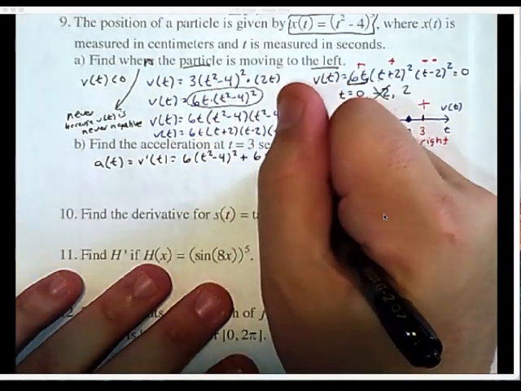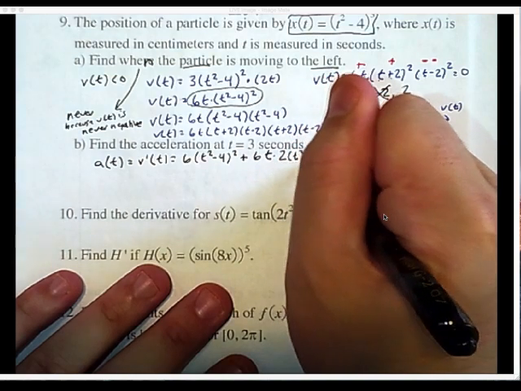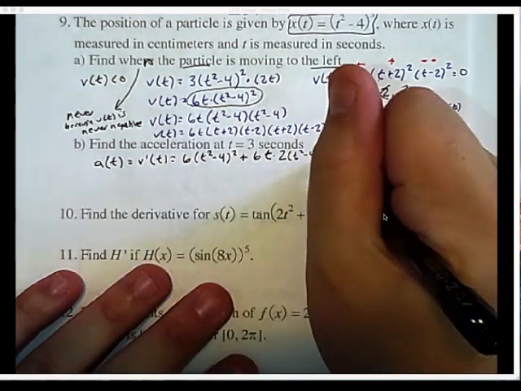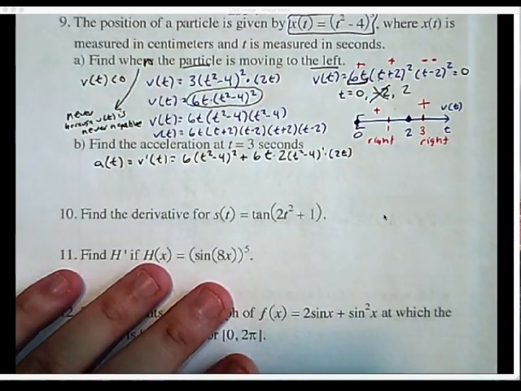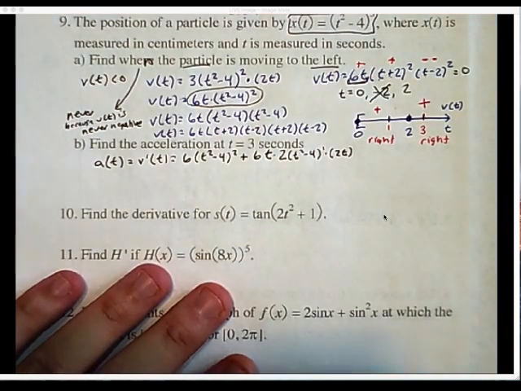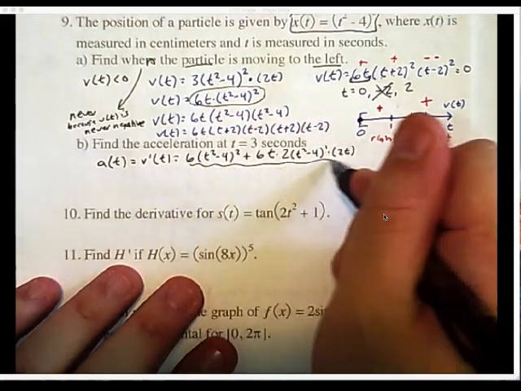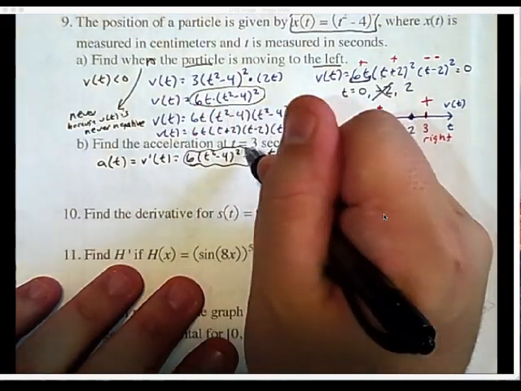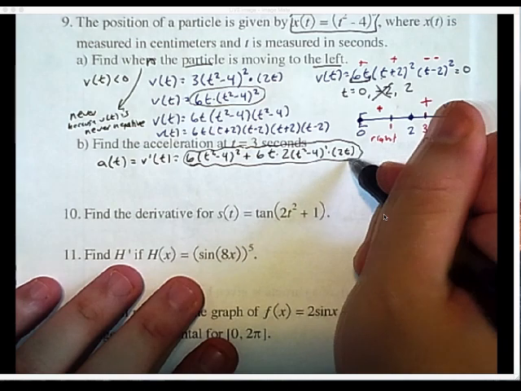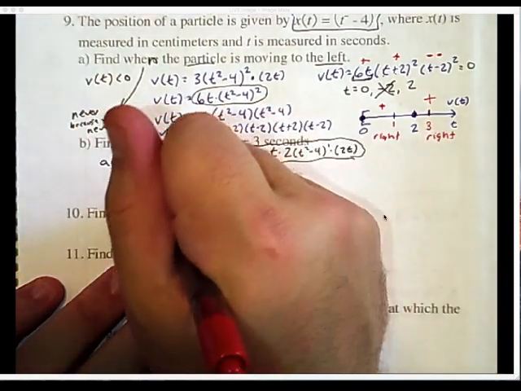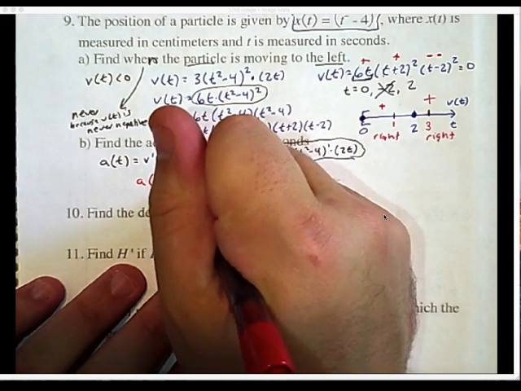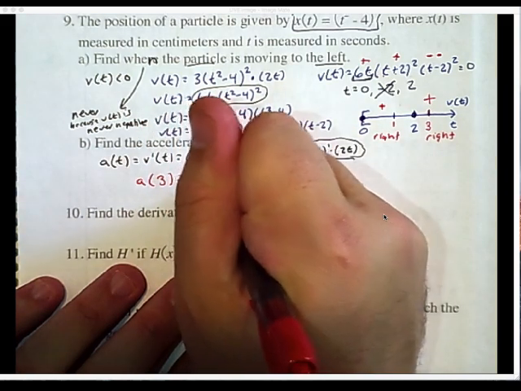The 2 would come out front, t squared minus 4 to the first, times the derivative of t squared minus 4, which is 2t. So here's an equation for the acceleration. You could simplify it if you want to, but you really don't need to because they're asking for the acceleration at 3. So everywhere you see a t, plug in a 3.